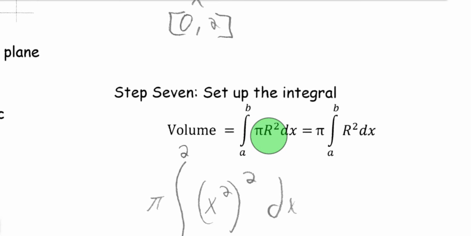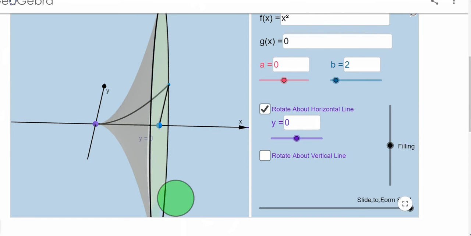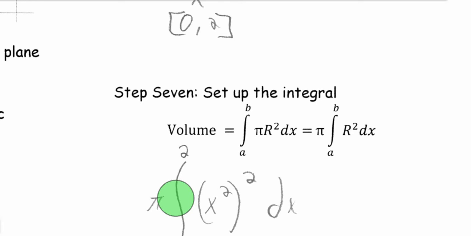Now what you normally see is, because pi is a constant, you pull that outside of the integral, and it becomes pi from A to B integral of r squared. Again, if you integrate all of these areas of these circles from A to B, it gives you the volume of this big solid right here, which is exactly what we're doing.